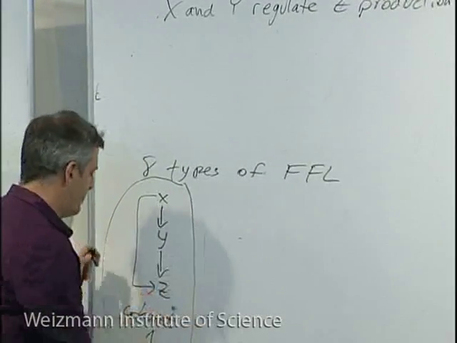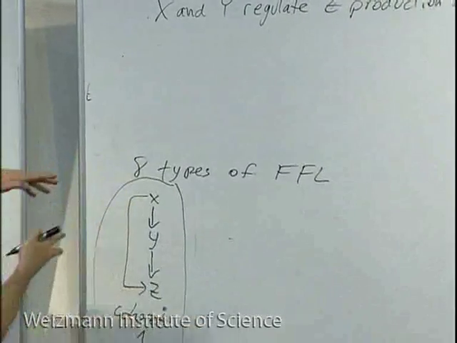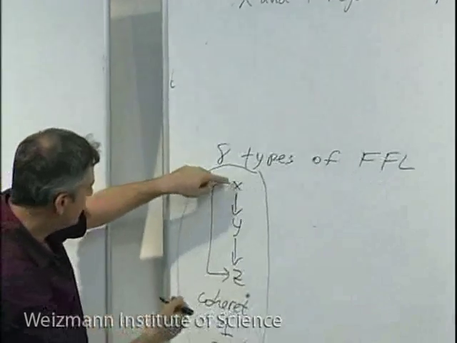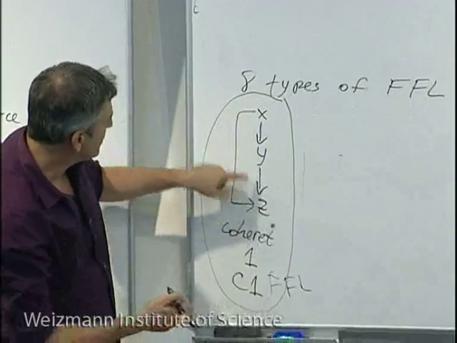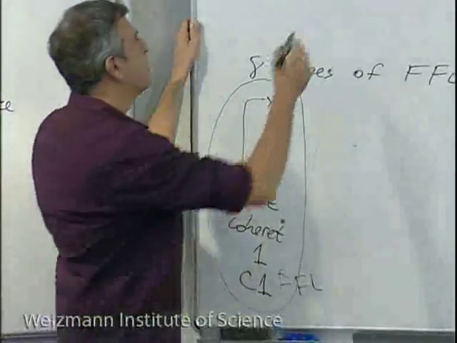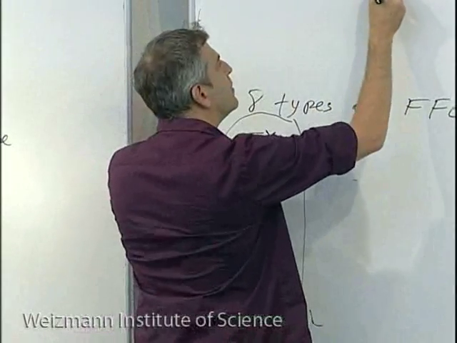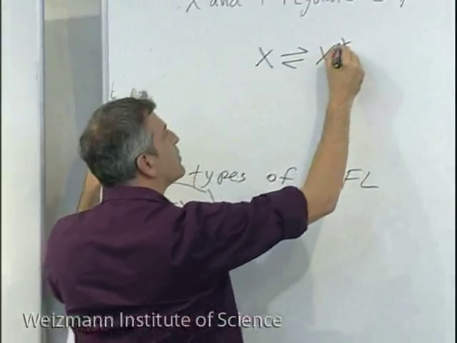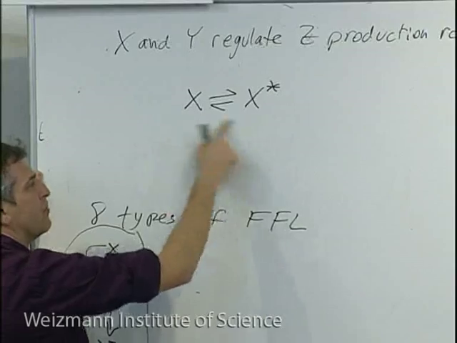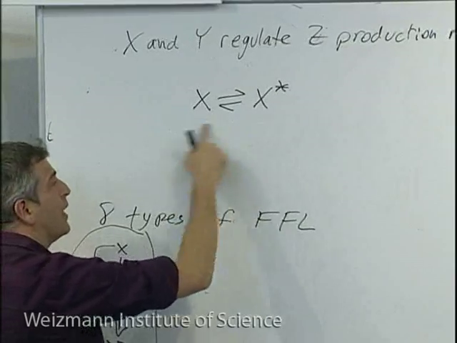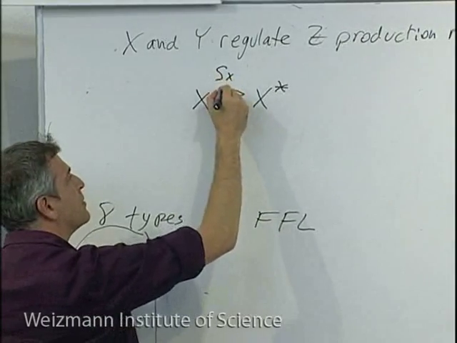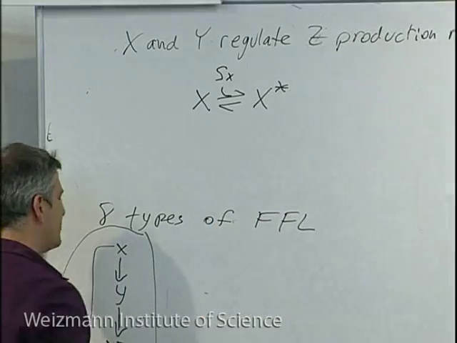I just want to now zoom into the molecular details for a second to explain in another way what we mean by these arrows, even though by now I'm sure most of you can do this by heart. So X is a transcription factor that transits in microseconds between active and inactive conformations, and a biological signal pushes it to be active, X*.